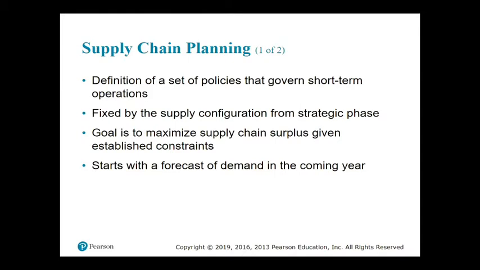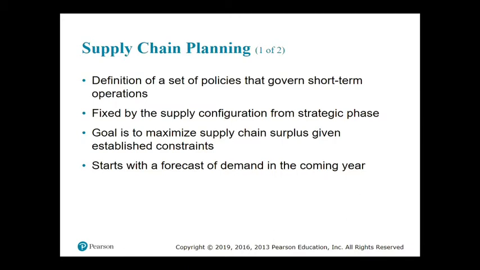So we are given, for example, where the facilities are, what their capacities are, and then our planning is based on these strategic decisions. And the goal, again, is to maximize supply chain surplus with established constraints given by strategic decisions.